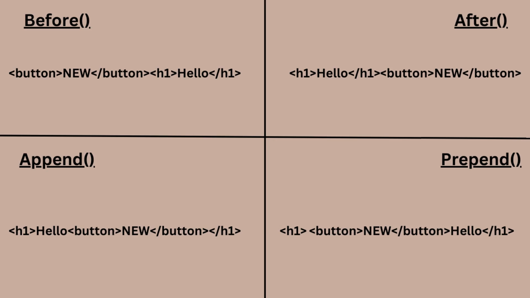So just a reminder, the before method will add your new elements before the opening tag of the selected element. In this case it was our h1, and the after method will add it after the h1. But prepend and append are a little bit special.